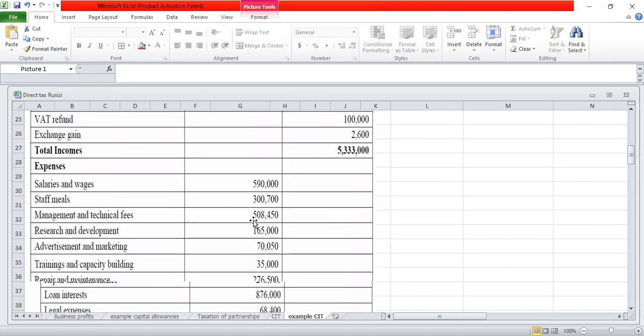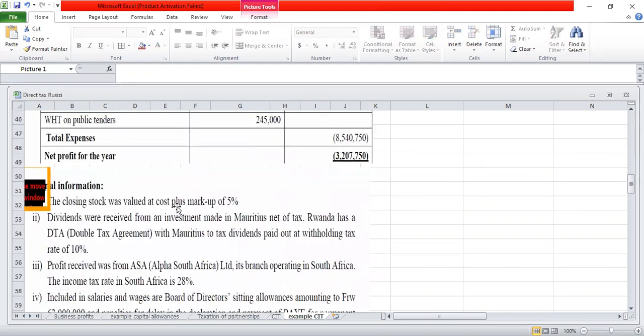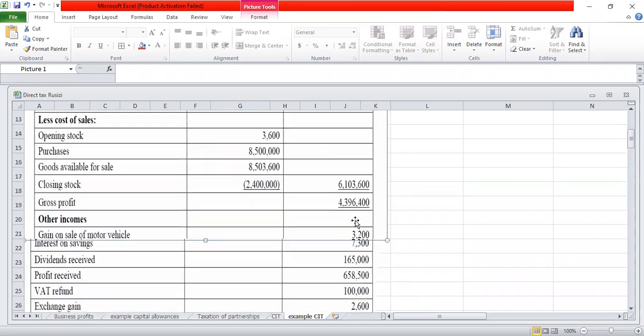We had a closing stock, but they said the closing stock was valued at cost plus a markup, and we know that the law, on valuation of closing stock, it is either cost or the realizable value, the lower of cost and the realizable value. So in this case, if it is overstated, then it means our profit was overstated. So it means this one is a closing stock.